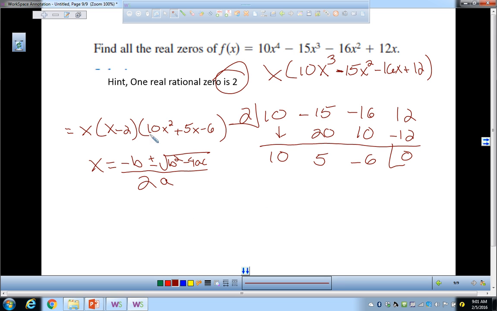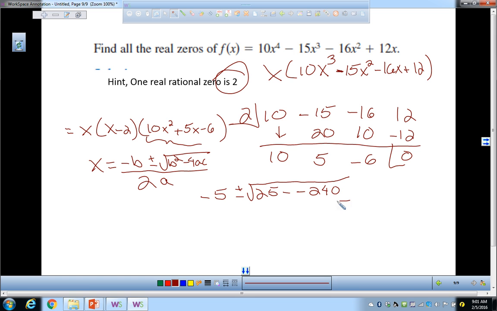And so I'm going to use the quadratic formula on this part right here. So negative b is negative 5, right? Plus or minus the square root of b squared, 25, minus 4 times 10 times negative 6. What would that be? 240? All right? 6 times 10 is 60, times 4 is negative 240.